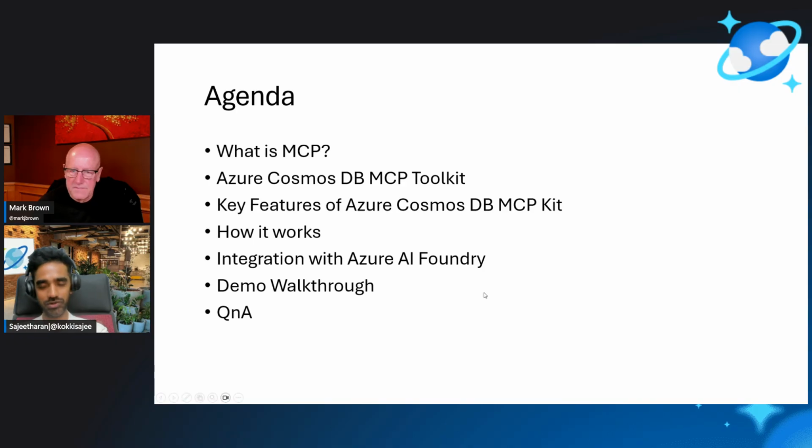I will show a quick walkthrough of how it works. It also has integrations, so I will show one of the integrations with Microsoft AI Foundry. Then at the end, I will show a demo walkthrough on how you can deploy it in your own environment. Finally, I can take some questions if you have anything.